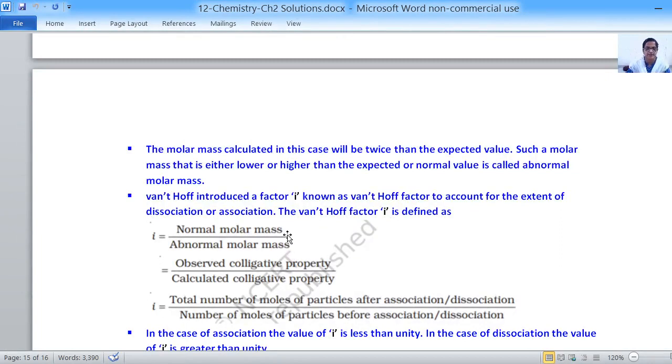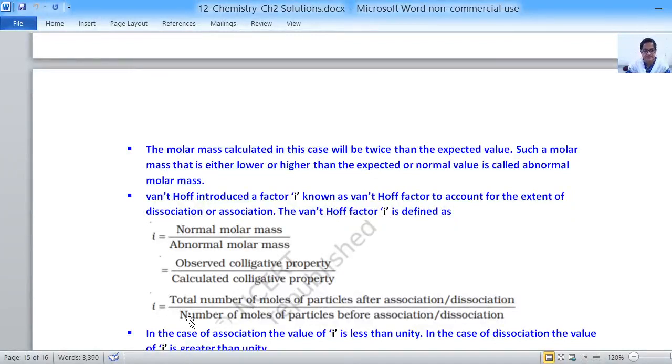Normal molar mass divided by abnormal molar mass will give you the value of i. Another way to find i is observed colligative property. We have studied 4 colligative properties: relative lowering of vapor pressure, elevation in boiling point, depression in freezing point, as well as osmotic pressure. So it is the observed value of the colligative property divided by the calculated value of the colligative property.